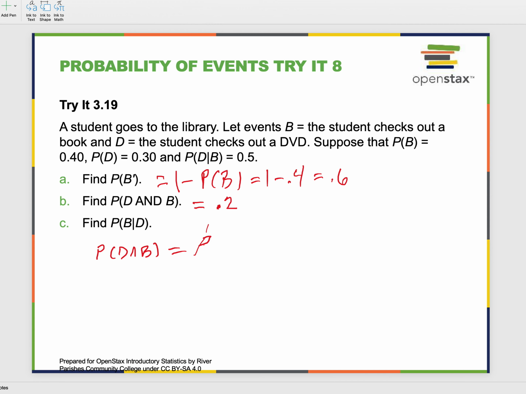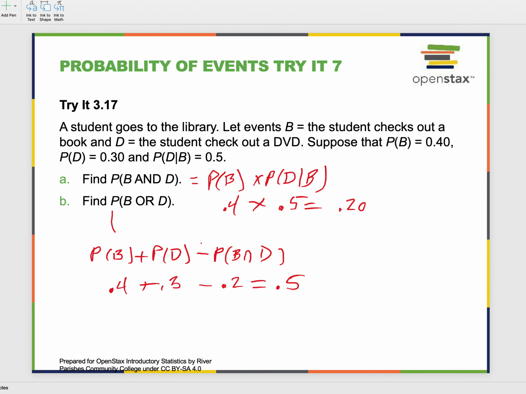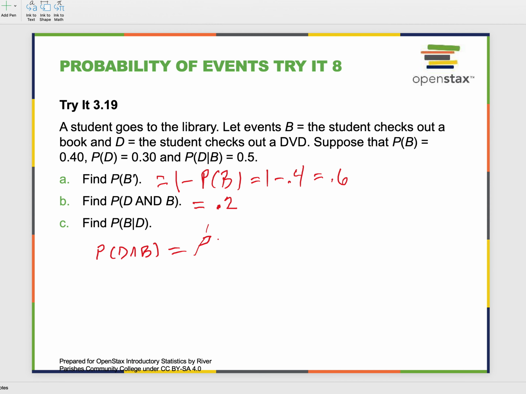Well, let's see, what was it? Last time we looked at it, it was the probability of B and D given B. Now we can also look at the probability of D times the probability of B given D, which is the opposite.